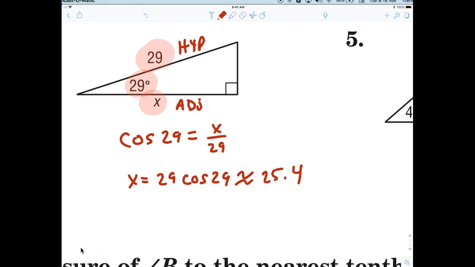So listen. When you go next year, or you go to high school, when somebody asks you, what does cosine mean, what does sine mean, and what does tangent mean, here's what I want you to tell them. It's a ratio. That's all it is. Cosine is the ratio of the adjacent to the hypotenuse.